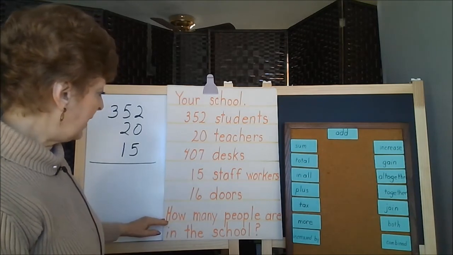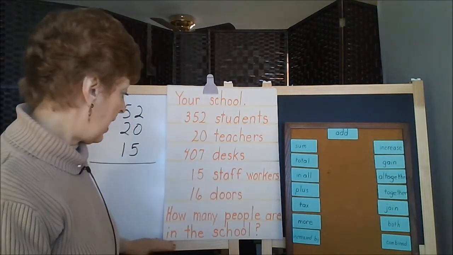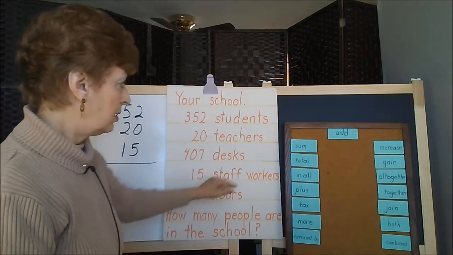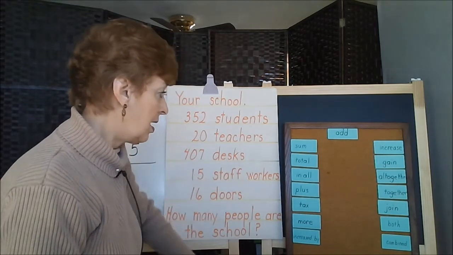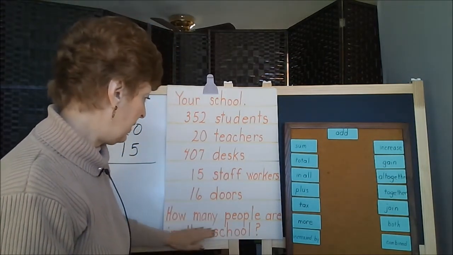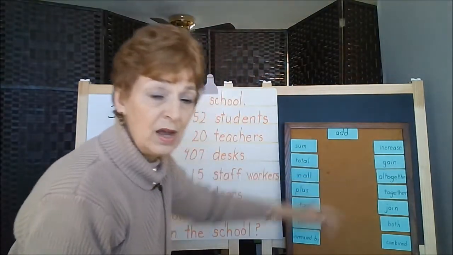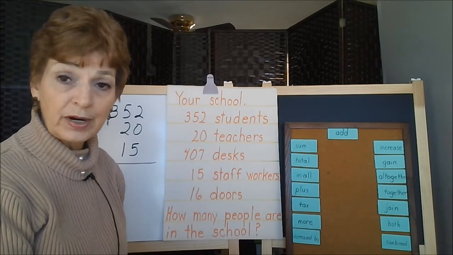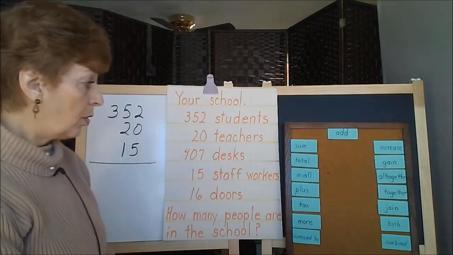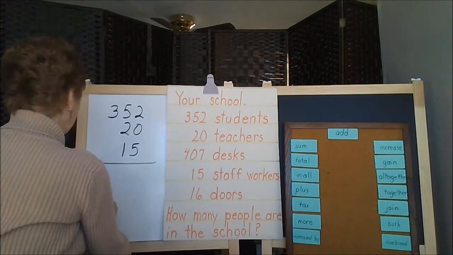Could we say, how many people are in the school in all? How many people are in the school in total? What is the sum of the people? How many people are in the school altogether? Well, several of those vocabulary words do work in this problem. So we could choose one. Perhaps let's do in all.